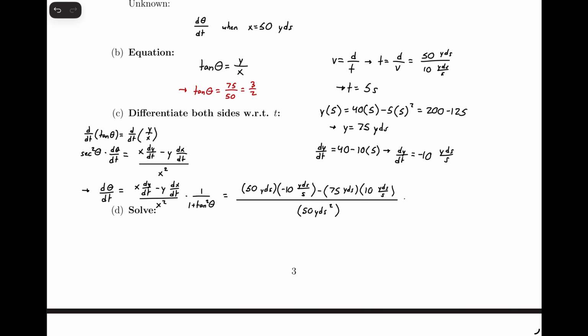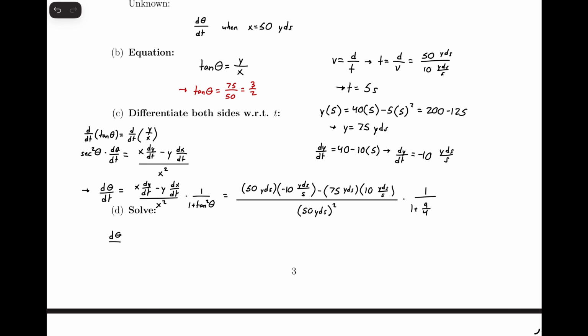Okay. This will be multiplied by that 1 over 1 plus tangent squared theta, which is 1 over 1 plus 3/2 squared. That's the same as 9/4. All right, a little bit more to deal with. Oops, sorry, this is wrong here. 50 yards, quantity squared. I promise this isn't so bad though.